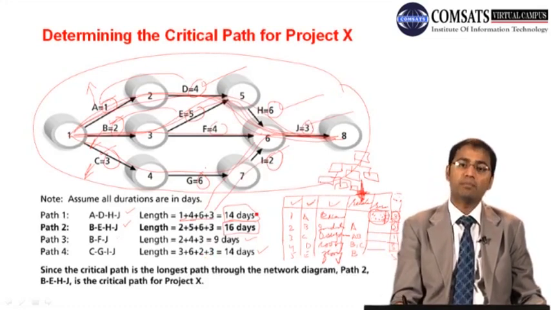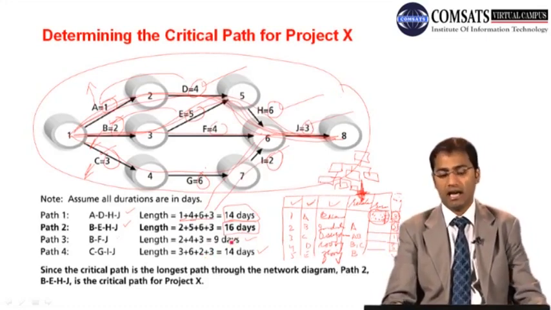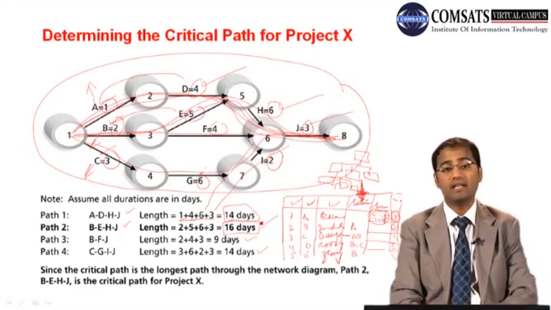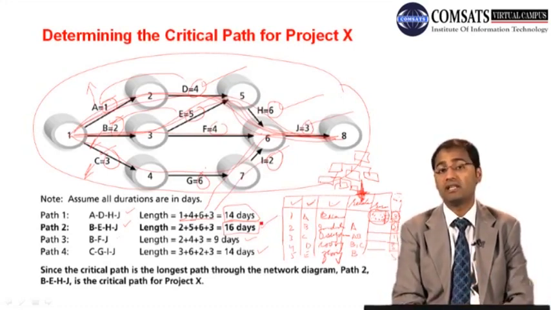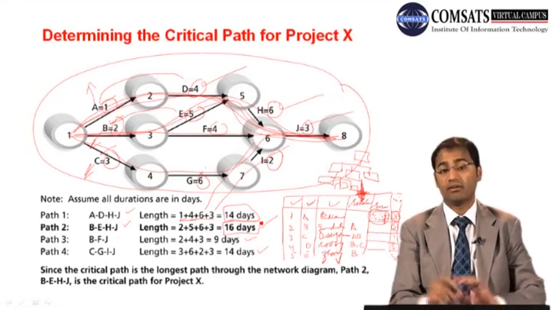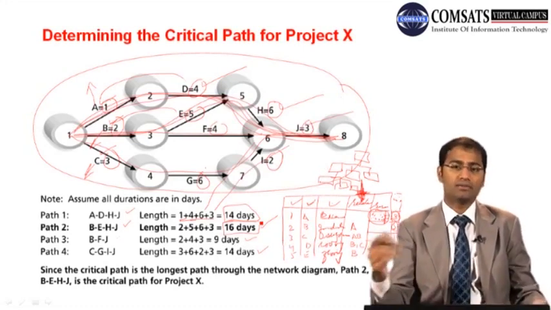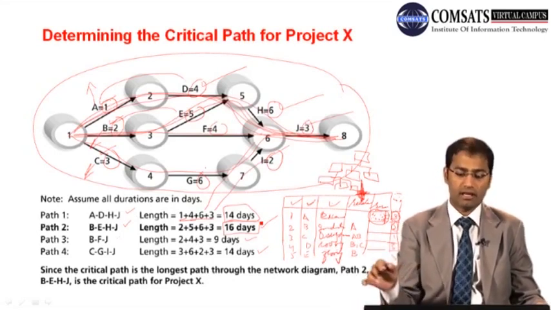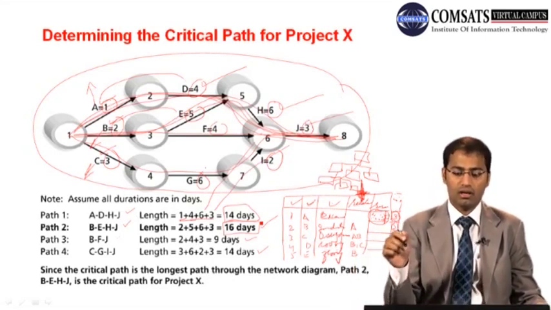Now what is the longest duration we have? We cannot complete the project before that duration, and that is 16 days. We cannot complete our project before 16 days, unless we use some other methodologies like crashing, but we are not going to talk about that at this moment.